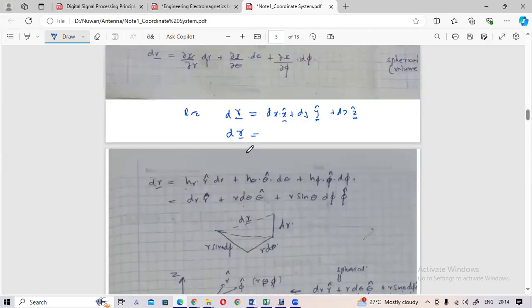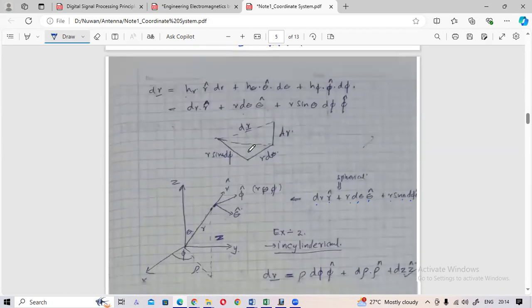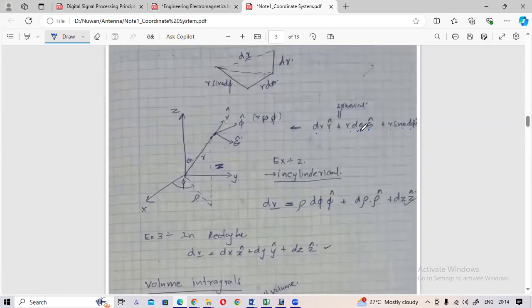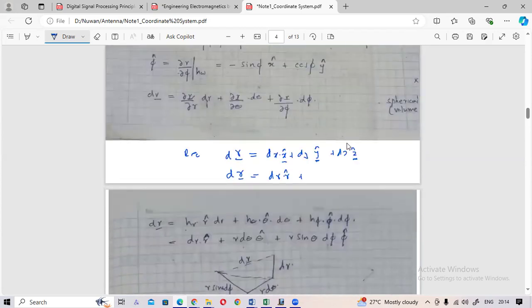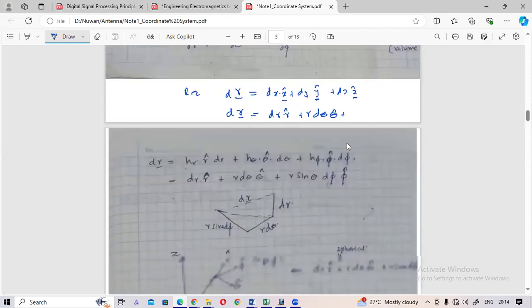Okay, so here it will become dr r hat plus r d theta theta hat plus r sin theta d phi phi hat.